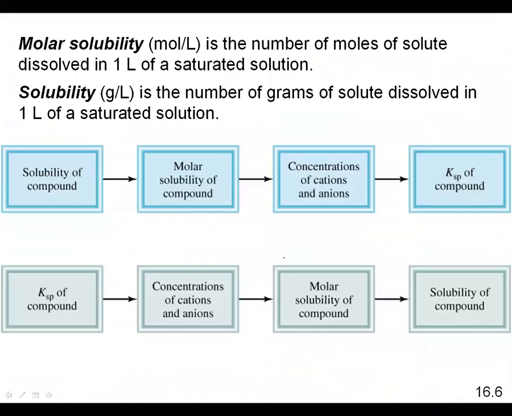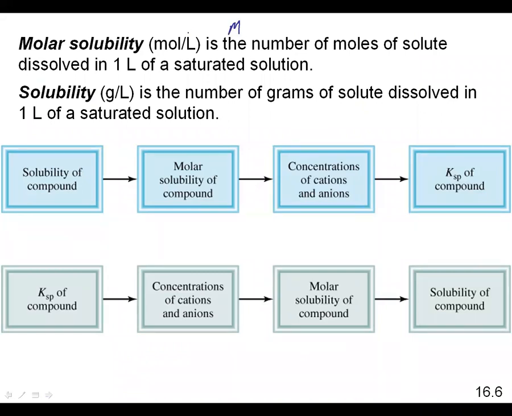So when we do Ksp type problems, there are really two solubility things that we usually look for or try to solve. The first one is what is referred to as the molar solubility, which is a fancy way of just saying the molarity.